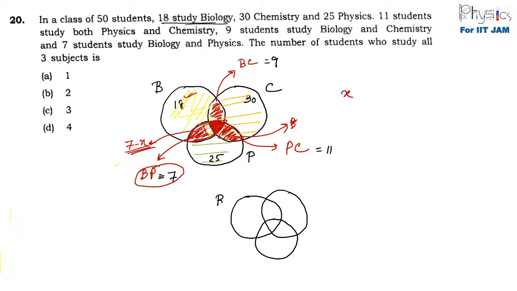So if it is B, it is C and it is P. If it is X, then this portion is 7 minus X, this portion is 11 minus X and this portion is 9 minus X, right?